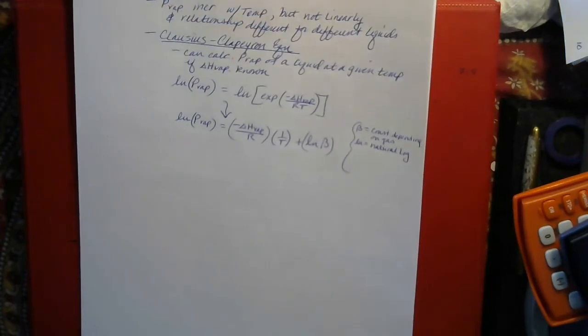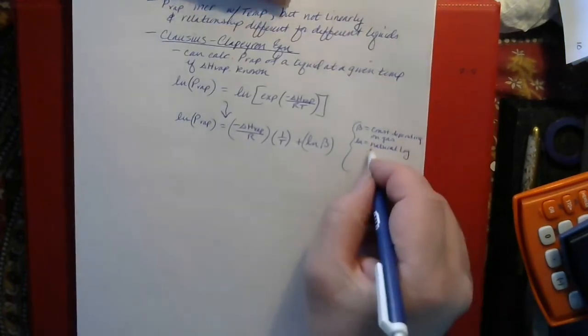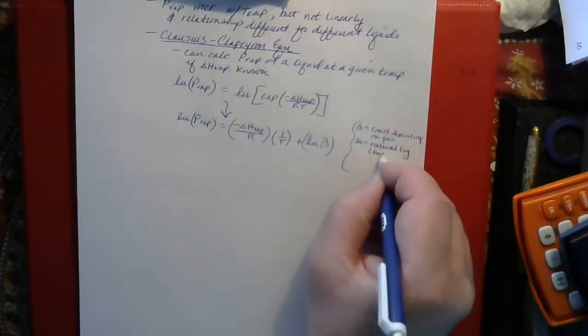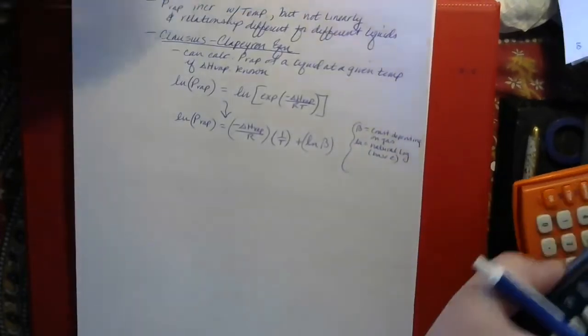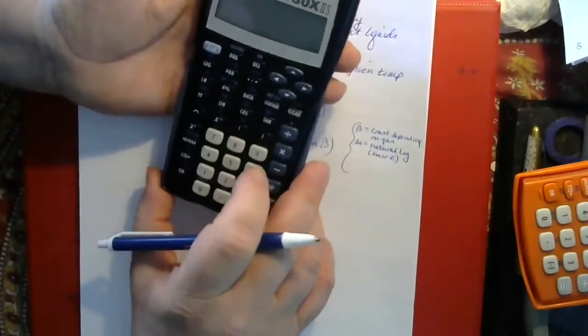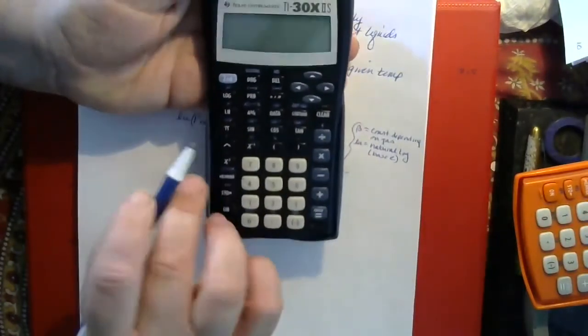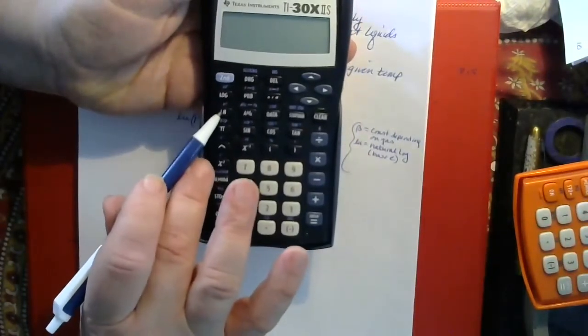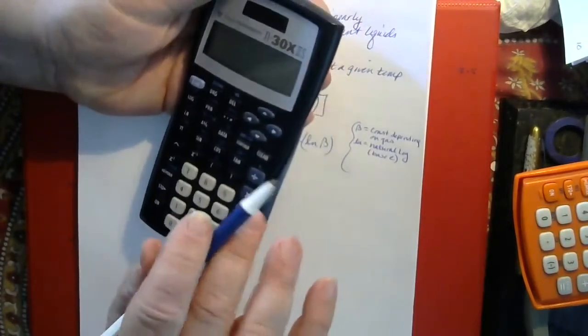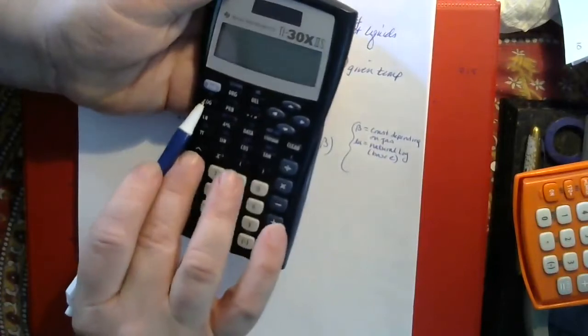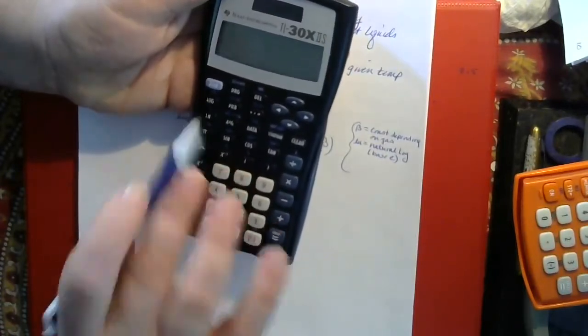Ln is a natural log. That is a log to the base e. And all you really need to know about that for our purposes is that when you're using natural logs, you hit the Ln key on your calculator instead of the LOG key.